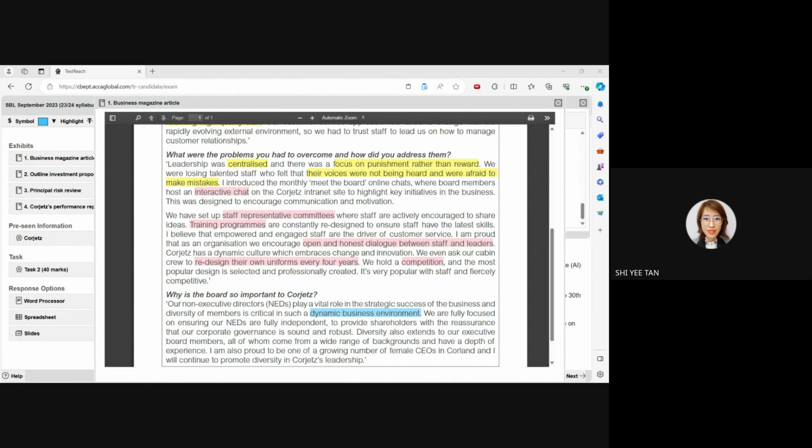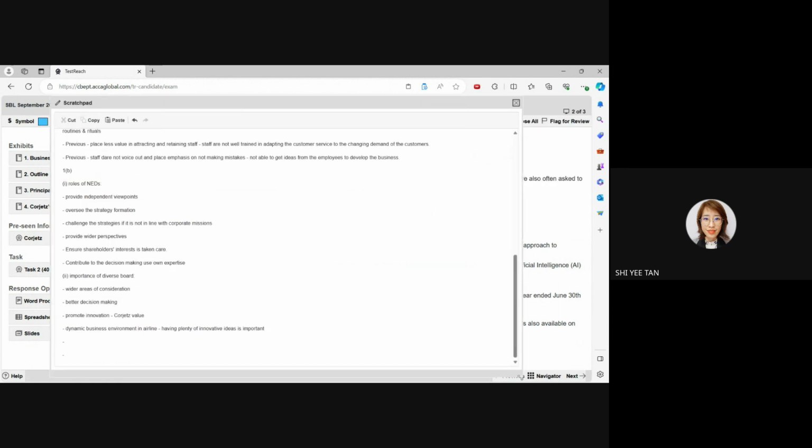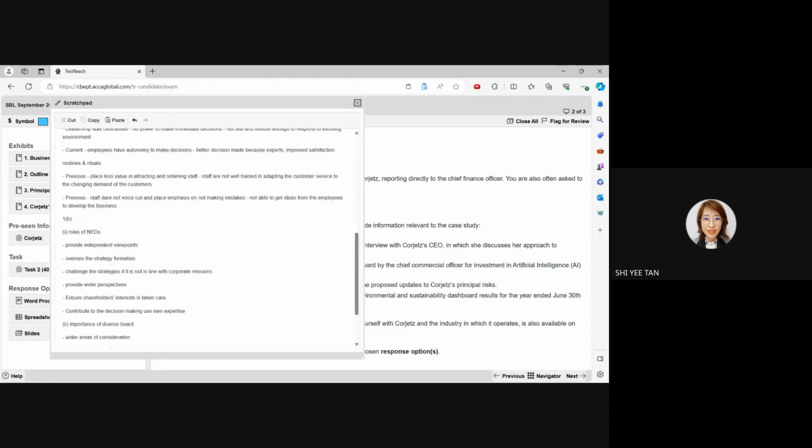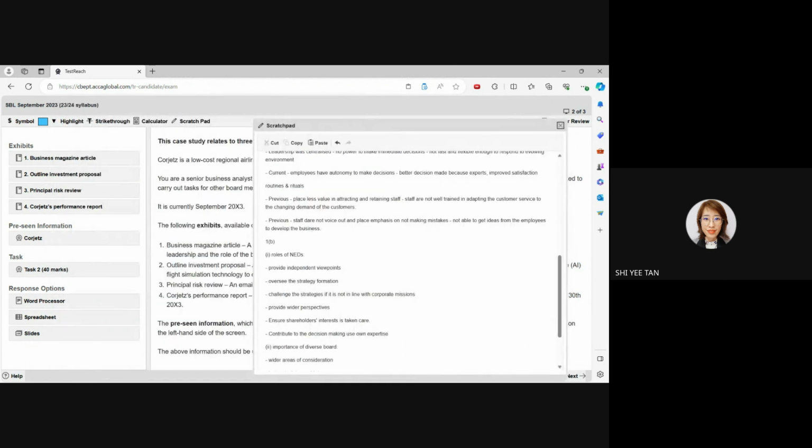Now, before I go to the next question, I want to complete this question first. You see this question, 1B part, we just put in the points. So I want to show you how to link to the airline. How to link to Corjetz and the airline. Now let's see. Let's say the role of NED is to provide an independent viewpoint. This one is correct.